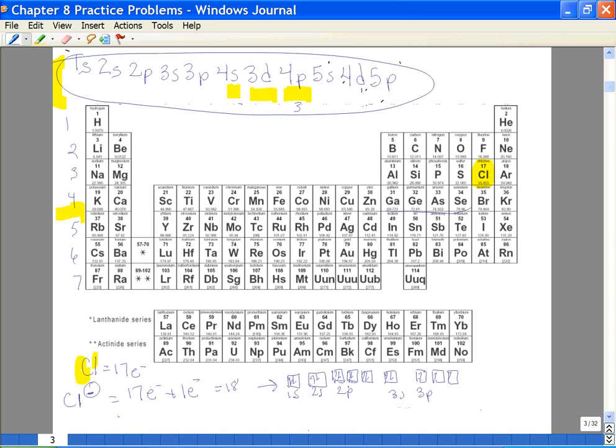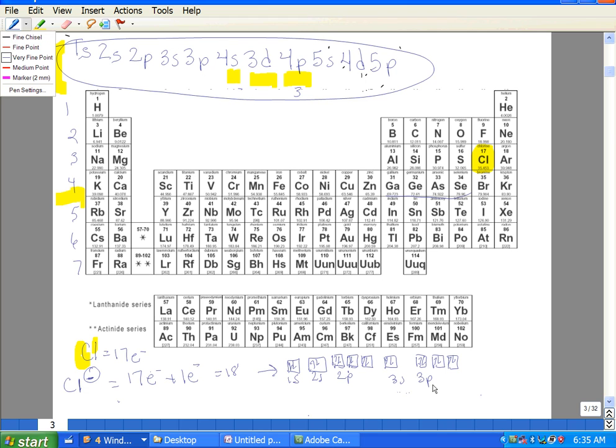The chlorine minus anion. So if you wanted to look at how we write the shorthand notation for that, we actually gained an electron here. So the number of electrons moved up to 18.